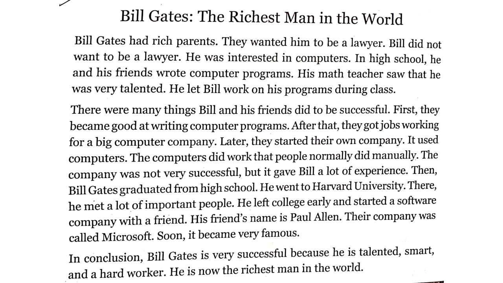He went to Harvard University. There, he met a lot of important people. He left college early and started a software company with a friend. His friend's name is Paul Allen. Their company was called Microsoft. Soon, it became very famous. In conclusion, Bill Gates is very successful because he is talented, smart, and a hard worker. He is now the richest man in the world.